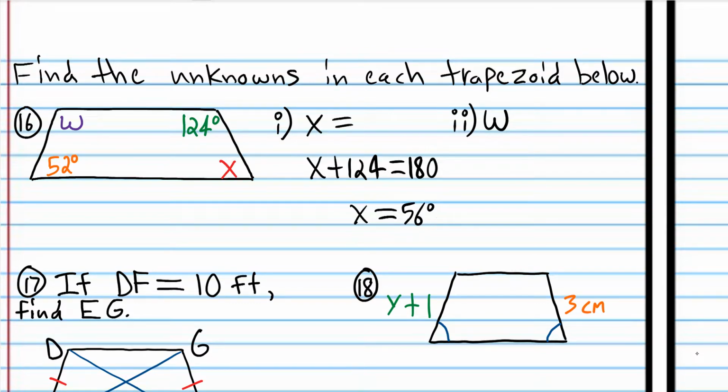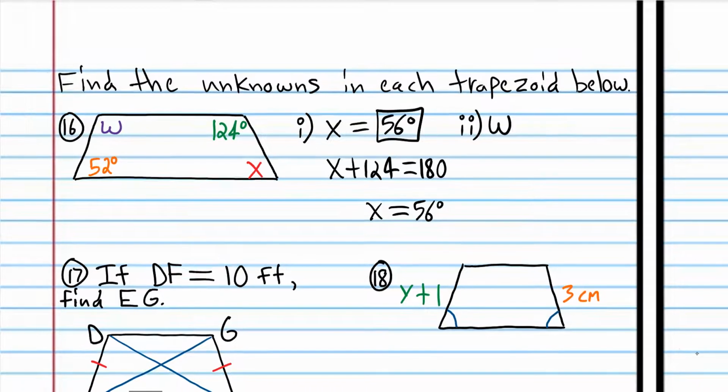Now you can write your answer down there, or you can write your answer up here. It doesn't really matter. But you do need to show some work. Now the same is true for the non-base pair at the left. So omega plus 52 must be equal to 180.